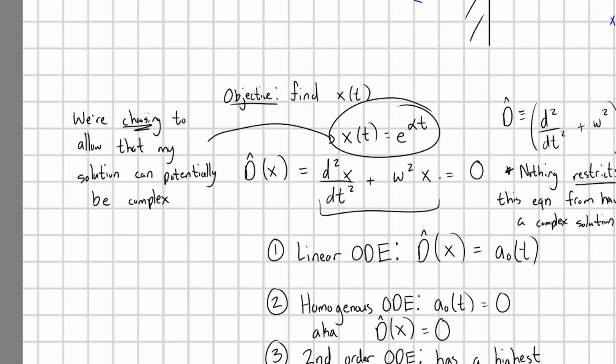It's so nice, as long as we make a trade-off that my solution might not necessarily be real. I might get a complex answer. So how do we resolve this? This is really easy to resolve.